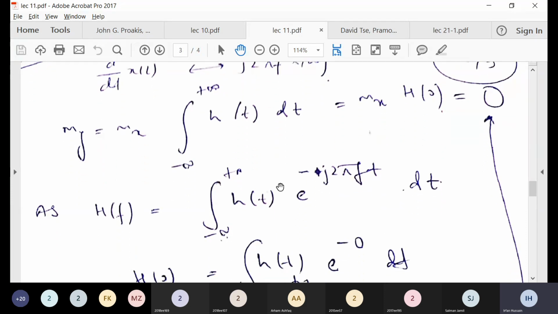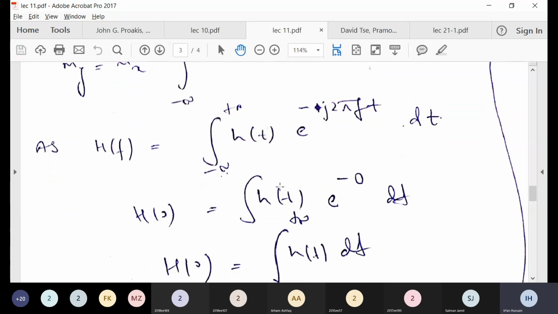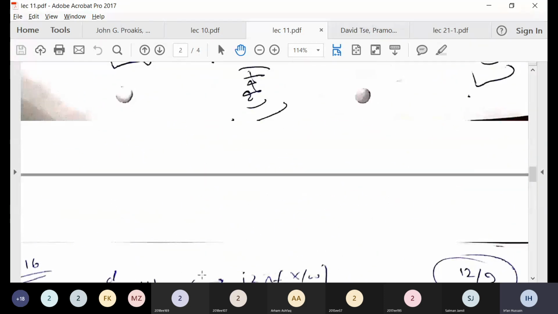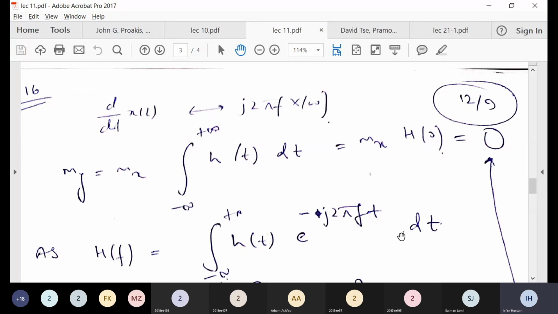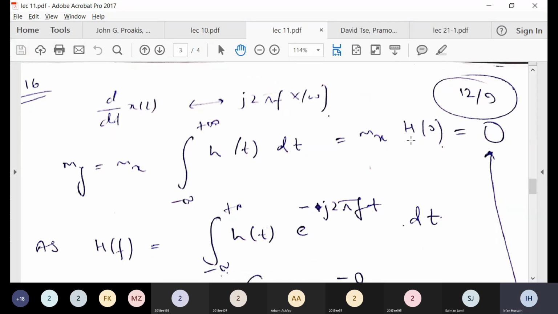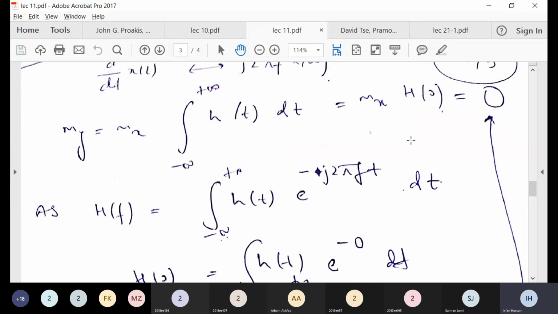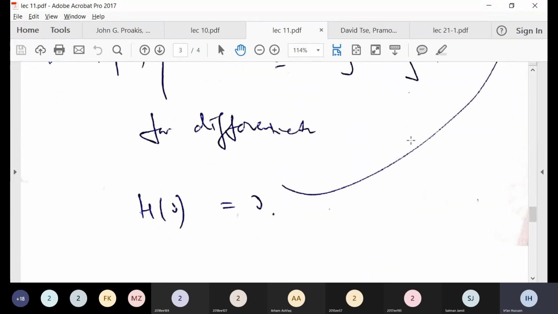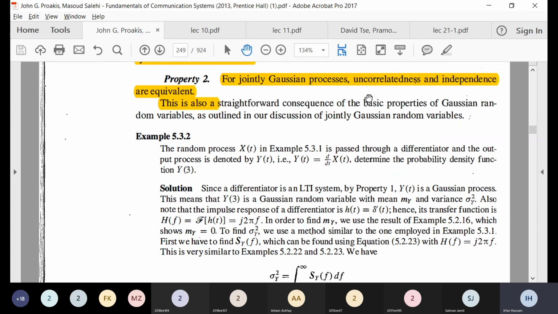The sum of the impulse response, as we have already seen, can be found by taking the DC value of the spectrum. The spectrum is j2 pi f, and at DC, f is 0. So H will come out to be definitely 0, so the mean is 0. So we have found the mean.